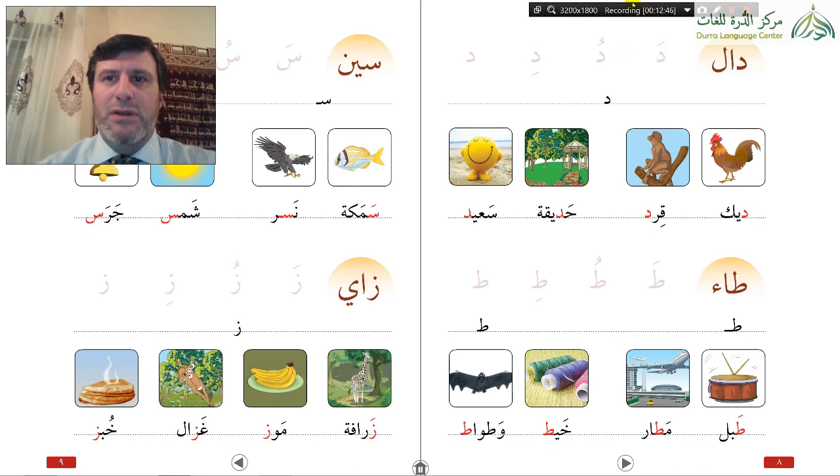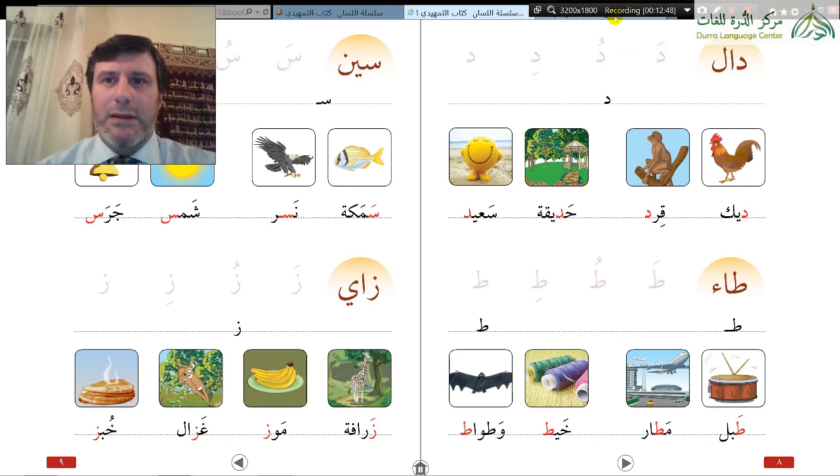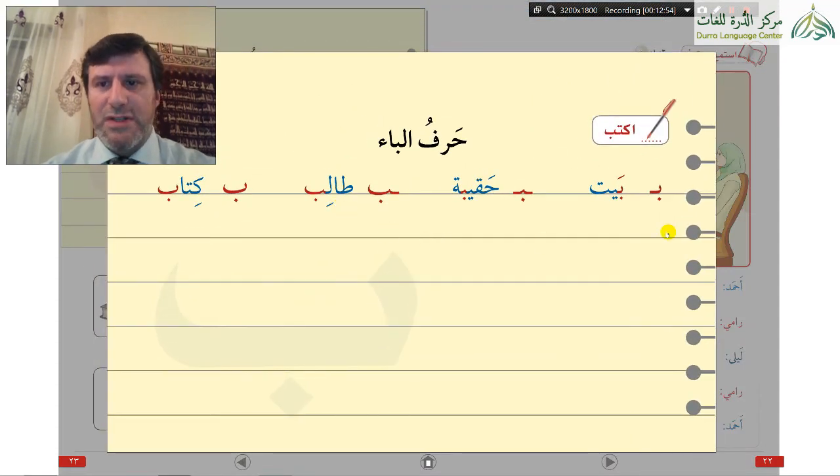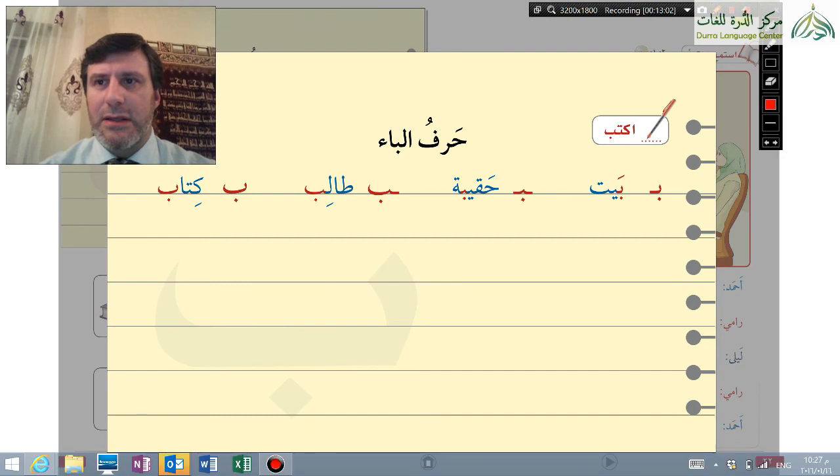The practice, we always have to make sure that we practice writing skills. For example, here the ba, harful ba, the one we took right now. We just want to practice this letter.